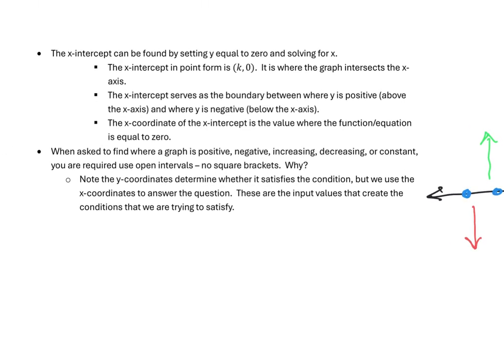Okay, so when we are looking for things, some of the things we're going to be talking about is we want to be able to find where a graph is positive, negative, increasing, decreasing, or constant. We are going to have to use open intervals, no square brackets, for definitely the increasing, decreasing, and constant.